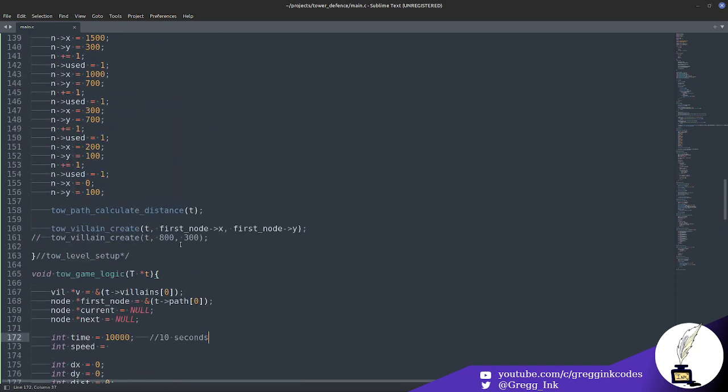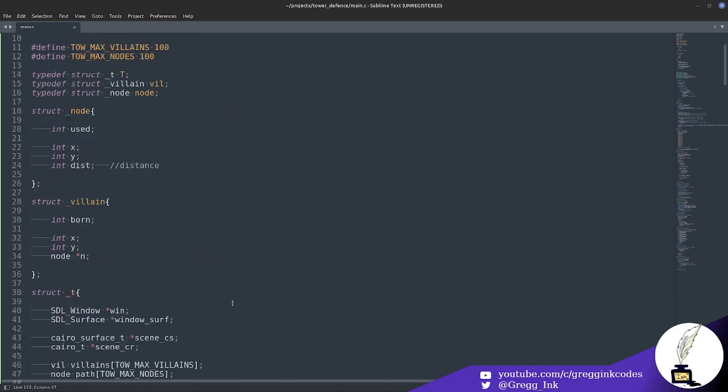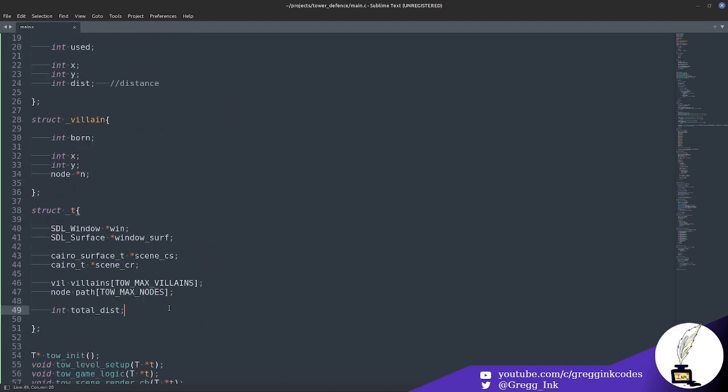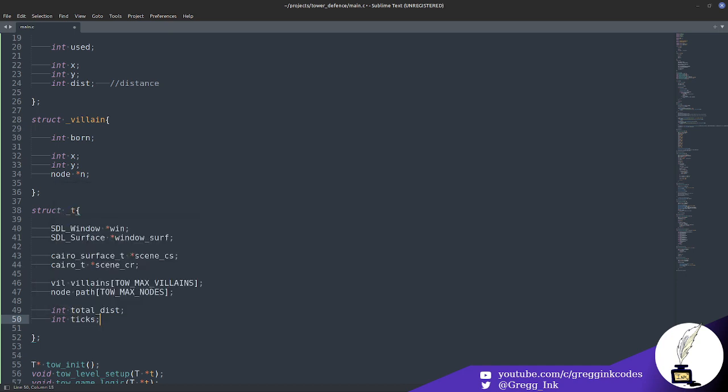Okay, the other part to this is here, int ticks. Because I need to be able to keep track of time in a way that's independent, because there's going to be a certain number of frames per second drawn.